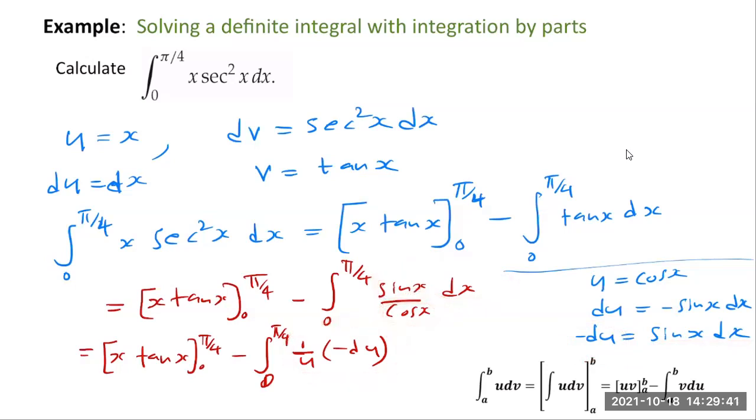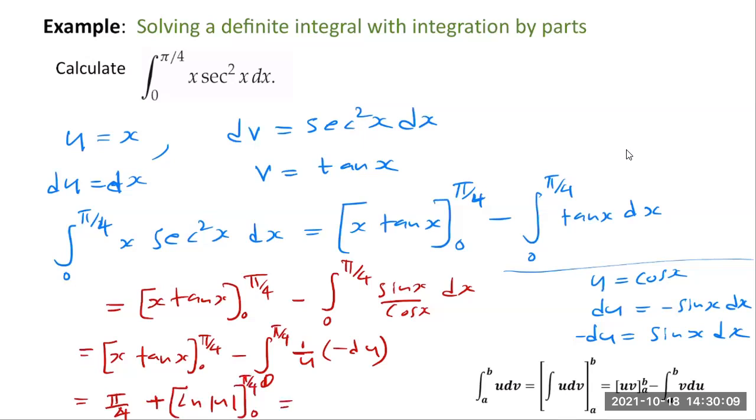Now you can integrate this one, of course, by pulling this minus sign out. By the way, if you plug in these limits, you will see that this is going to be equal to pi over 4. That whole thing is pi over 4 minus, it becomes plus actually. If you pull out the negative sign, you will get ln absolute value of u. You need to plug in the limits 0 to pi over 4.